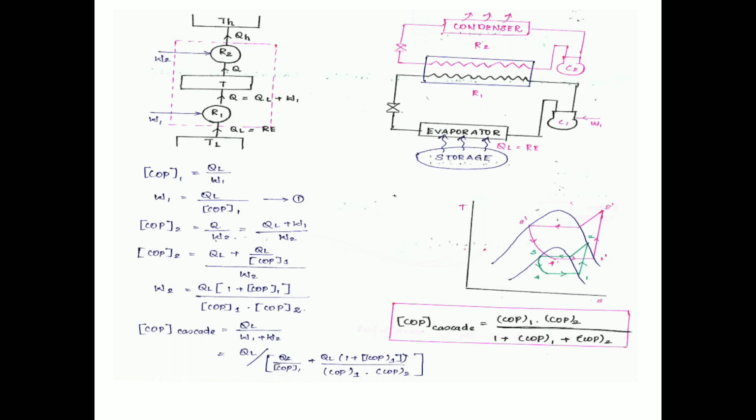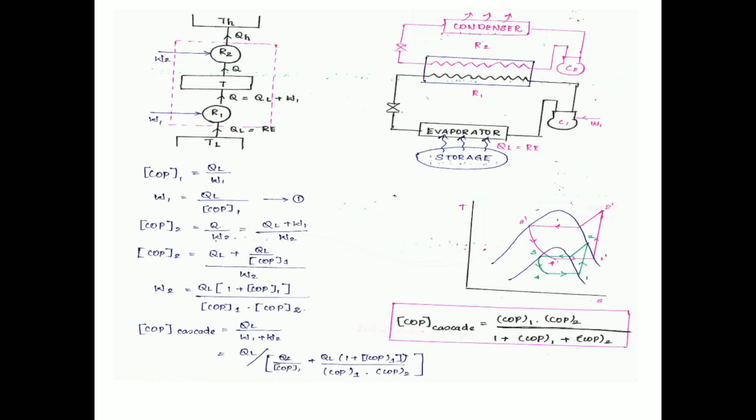If you rearrange this COP of 2 using equation 1, you will end up with W2, which is equal to QL into (1 plus COP of 1) divided by (COP of 1 into COP of 2).